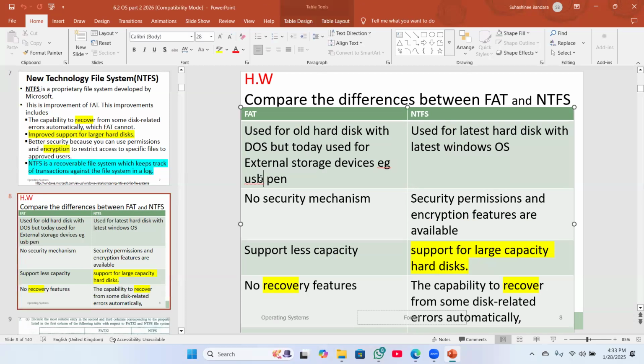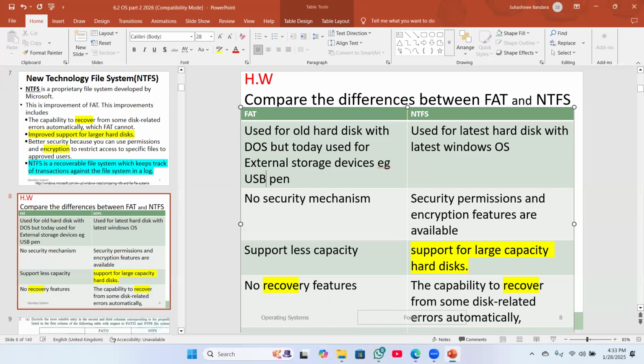Then NTFS is used for the latest hard disks with the latest Windows operating systems. So there is no security mechanism for FAT, but it will keep two copies, one backup. So if something happens to one particular folder or file, since it contains another backup file, you can recover it.